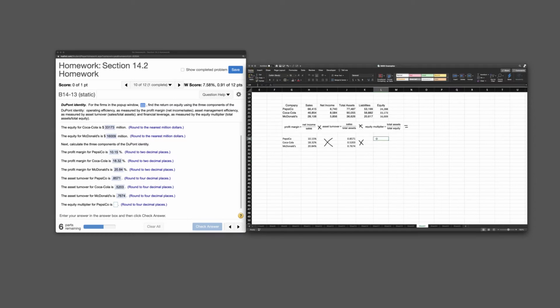Okay, so let's move on to PepsiCo's equity multiplier, total assets divided by our equity. And we'll bring this down. And before we talk about this, I just want to see this in terms of percentages.